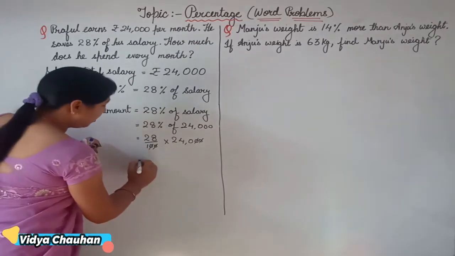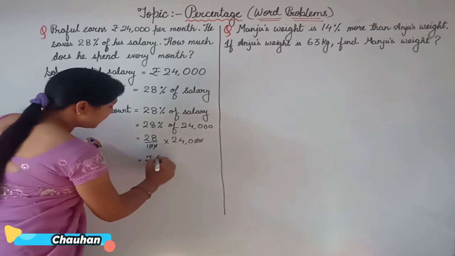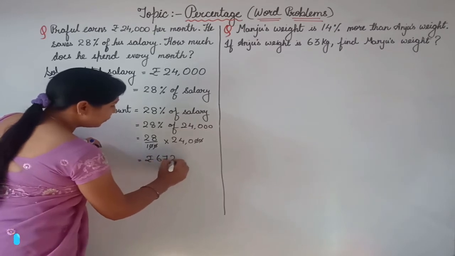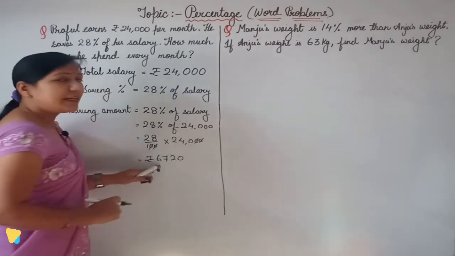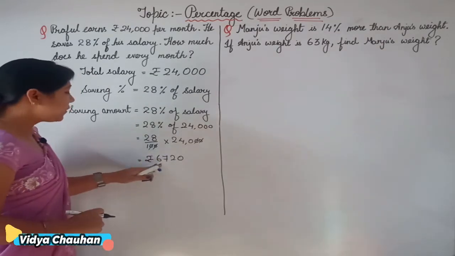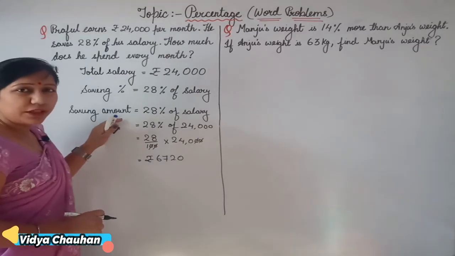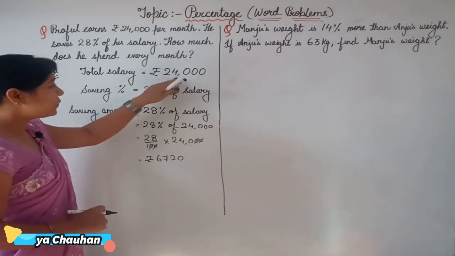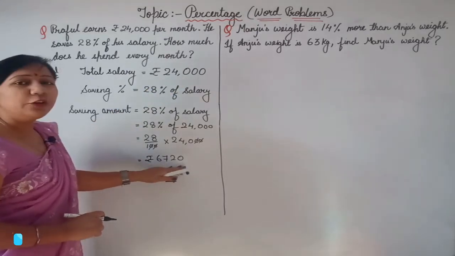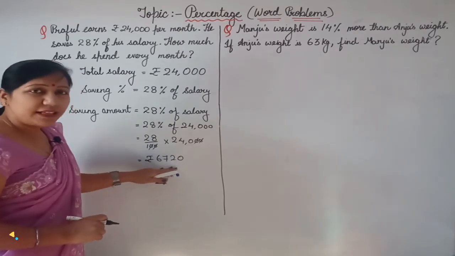When you do the multiplication, you will get rupees 6,720. That means 6,720 rupees he is saving every month. Out of 24,000 rupees, 6,720 rupees he is saving every month.